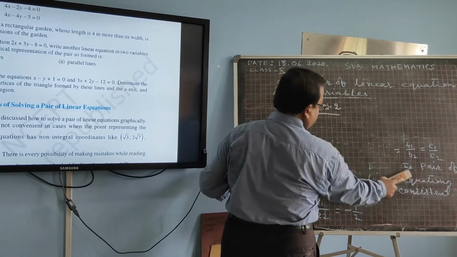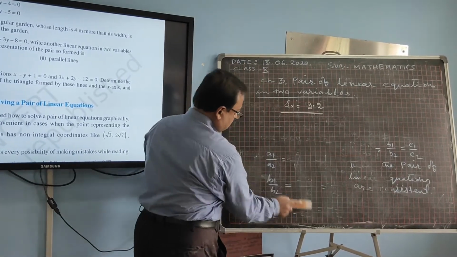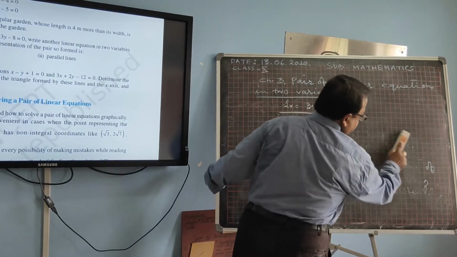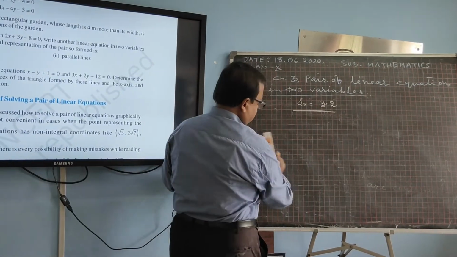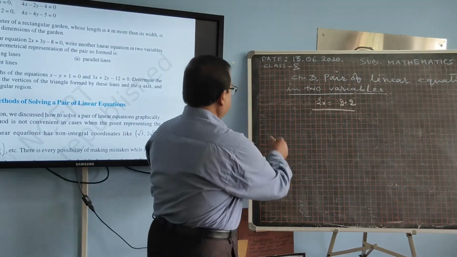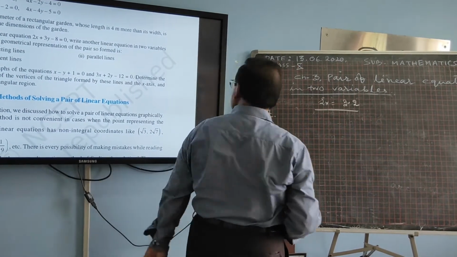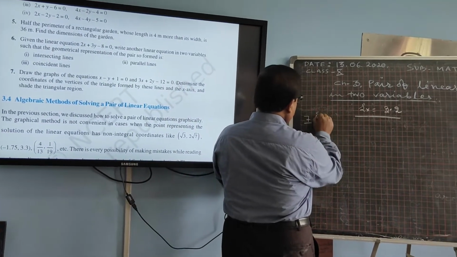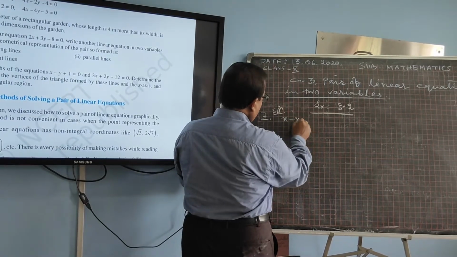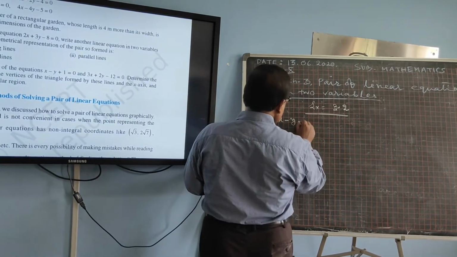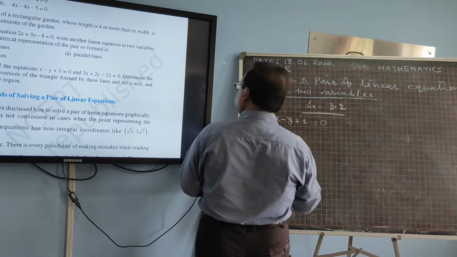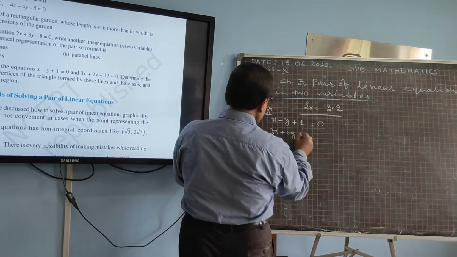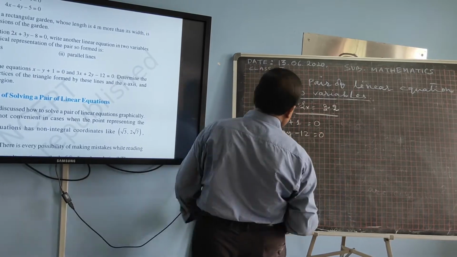Question number 7 has two equations: x minus y plus 1 equals 0, and 3x plus 2y minus 12 equals 0.